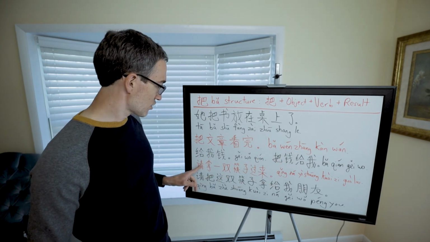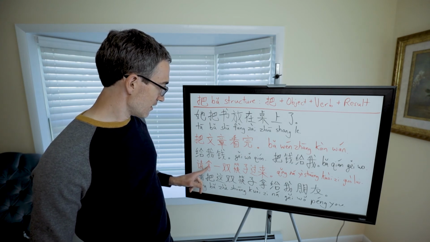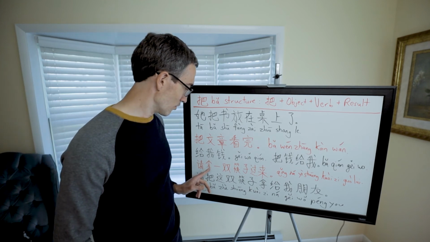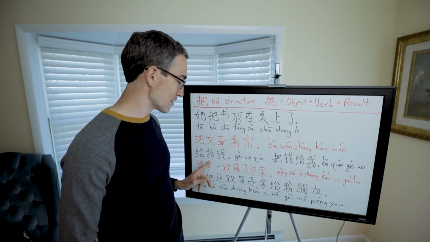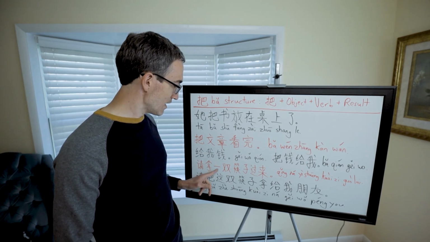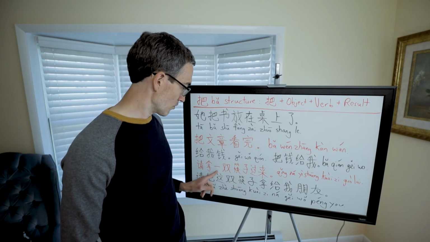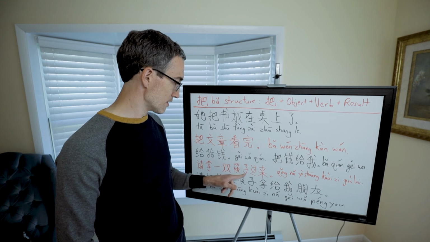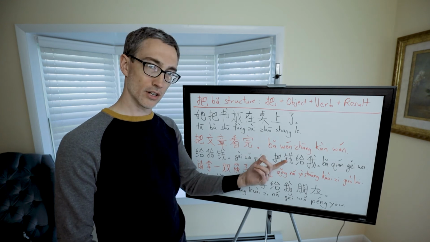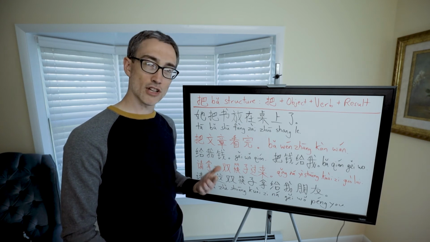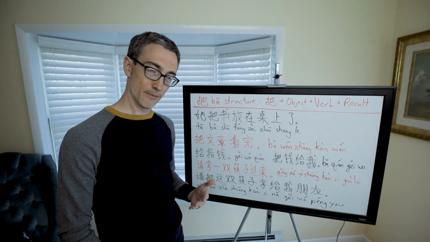So here we have 请, please, get or deliver, bring. Please bring, 一双筷子, one pair, measure word, 筷子, chopsticks. 过来, come over.